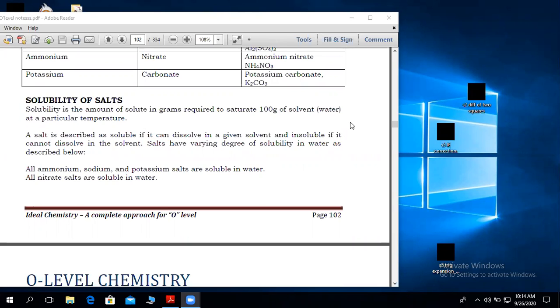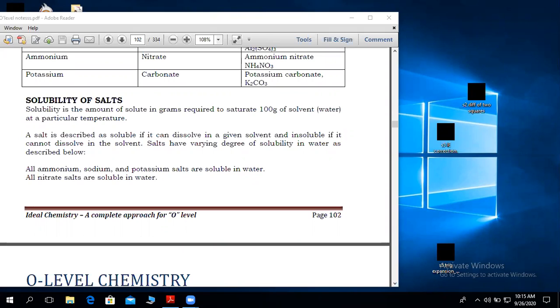Bate, can you tell us the solubility rule on sulfates? Bate, are you sleeping? No. Tell us the solubility rule on sulfates. Okay, let me help you like this. All sulfates are soluble, except, can you tell me the two sulfates that do not dissolve in water?